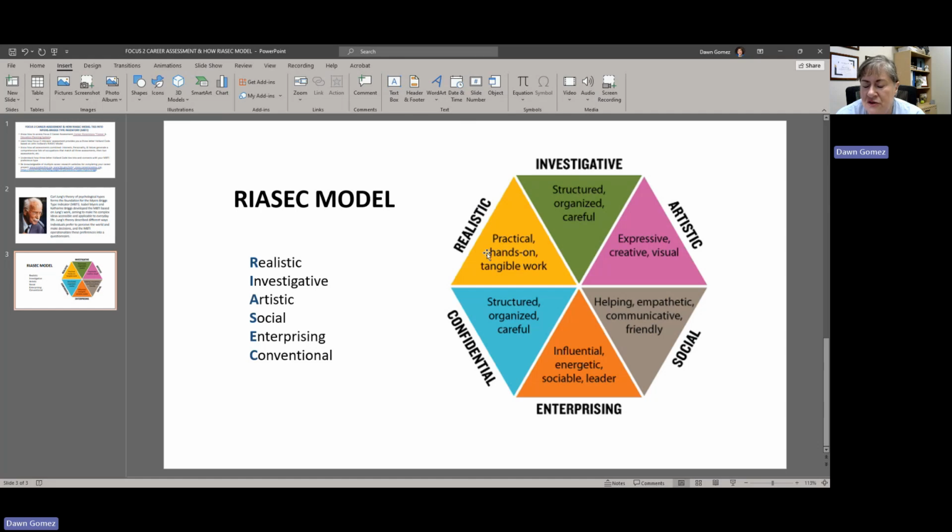The next cluster is the social cluster. These are called the helpers. These folks like to help, train, cure, heal. They're very empathetic. They like to communicate. They are often approachable and friendly and may have a warmth about them.